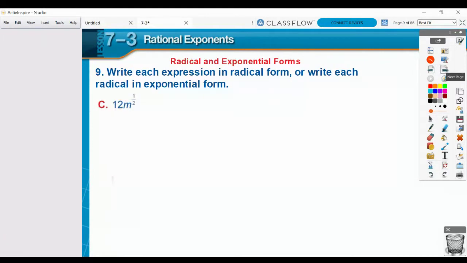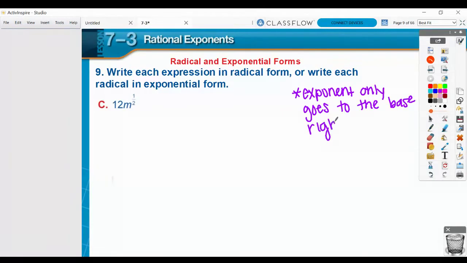Okay, for this example, you have 12m to the 1/2 power. As a little side note, the exponent only goes to the base right next to it. So this 1/2 power only goes to that m.